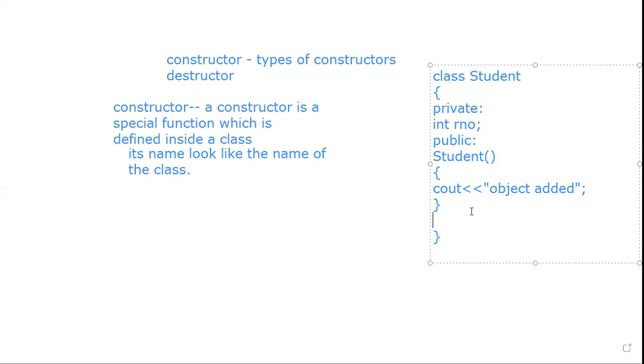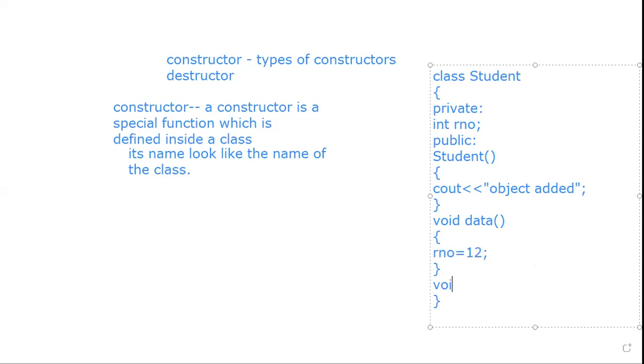With the help of the functions defined inside the class, we can access the member data also. So for this purpose, I'm writing one function called void data. I will give some function name, void data. This function will set the value of the roll number as 12.